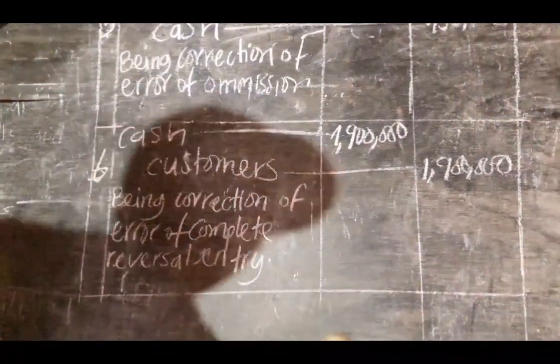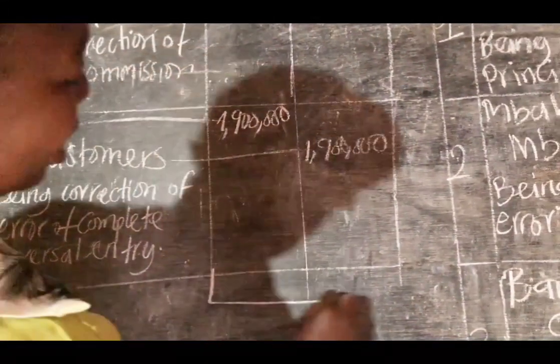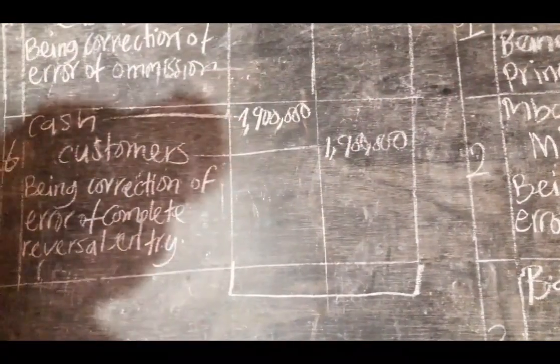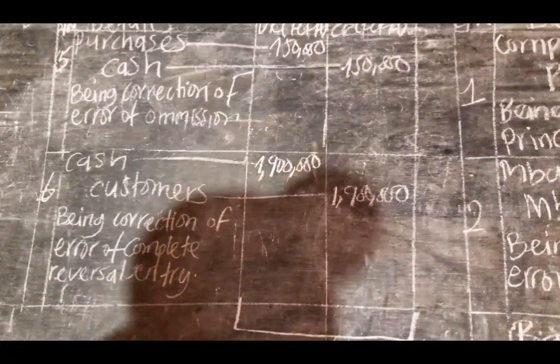And we are going to end here. So in general, our debit is supposed to be equal to the credit. So if we add all, you will see that we have the same amount.